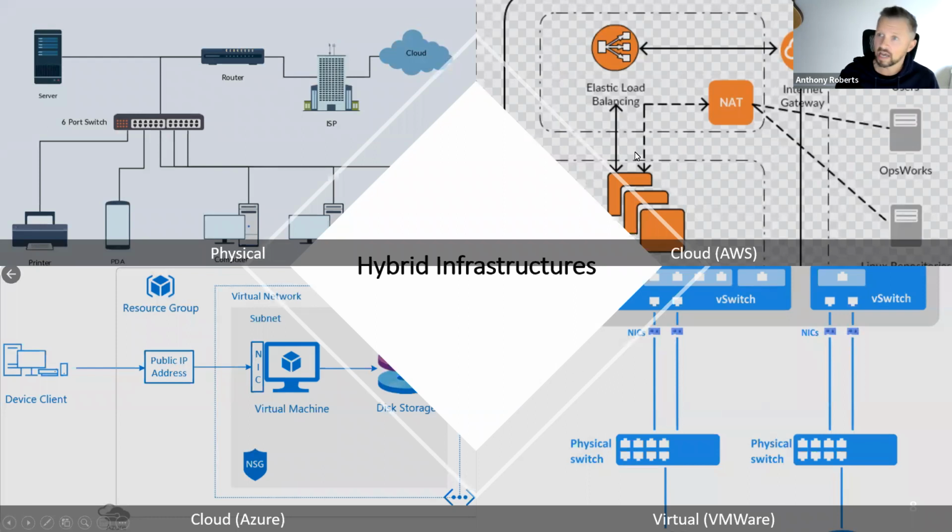Some people are going pure cloud, but the majority I'm talking to have a hybrid. They're spinning up AWS instances, using AWS cloud services, and they've still got some physical in place, which might still be the core network. It might have some legacy applications that they can't move up to the cloud. You've got Azure, and then you've still got your virtual environments as well.